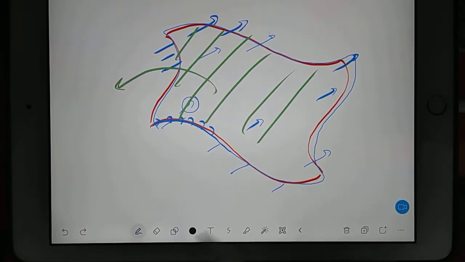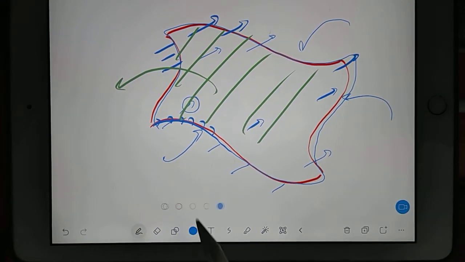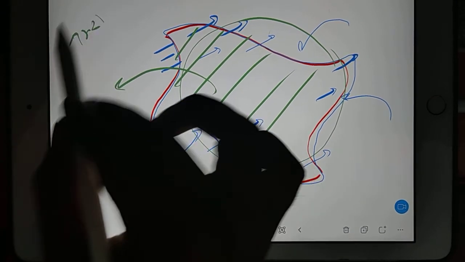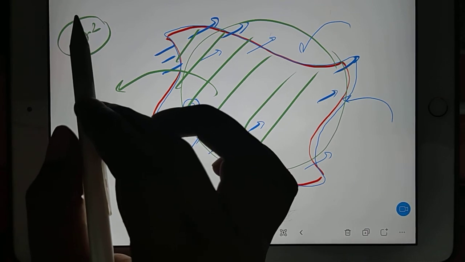My point is this. Right now, this curve you are seeing can be a circle. In that case, we have a ready-made formula, pi r square. This curve can be a standard geometry shape whose formula we remember very well.